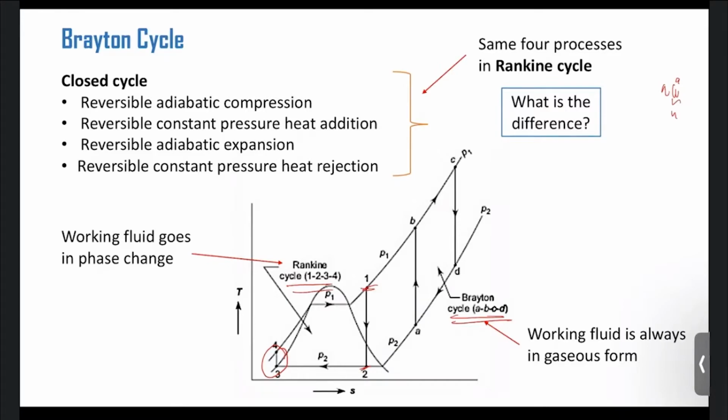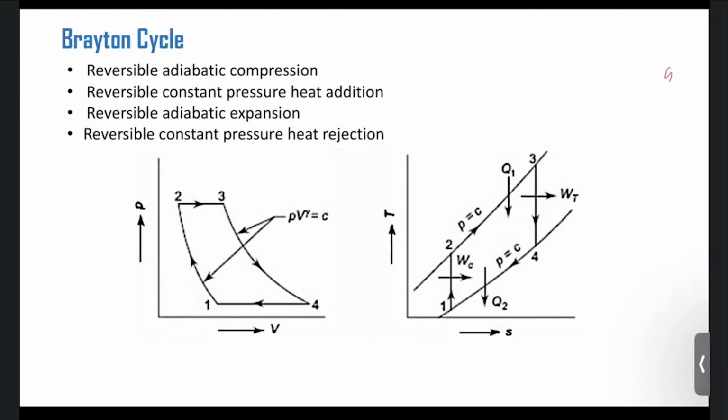Now let's move to the next part, how a Brayton cycle looks on a PV or TS diagram. Basically the Brayton cycle consists of adiabatic compression from point 1 to 2, then constant pressure heat addition from point 2 to 3, then adiabatic expansion in the turbine from point 3 to 4, and constant pressure heat rejection from point 4 to 1.